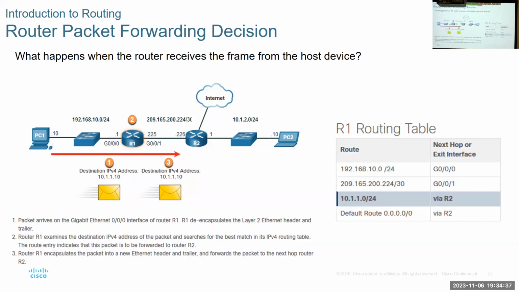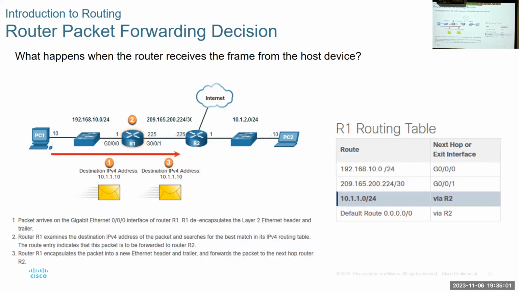Router 1 looks up in his routing table the 10.1.2.0 network. And this is totally wrong. One of these two is wrong. Either this needs to be 10.1.2 or that needs to be 10.1.1. I'm not sure which, but it's clearly wrong.